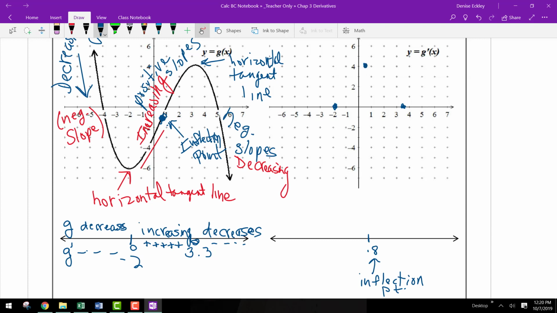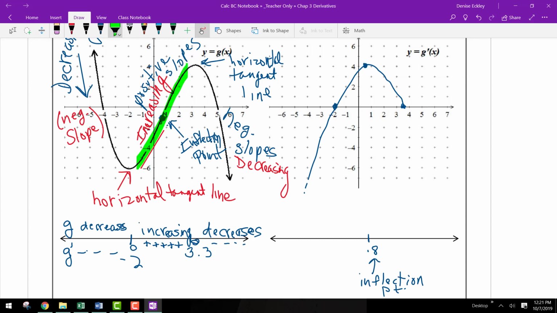Okay, so what you want to remember is my slopes were negative until I got to the horizontal tangent line. So it's going to come up like this. Those are my negative slopes. And then from my horizontal tangent line to here, and then back down to the next horizontal tangent line, which happened there, those are all positive values because the function itself is increasing through here.